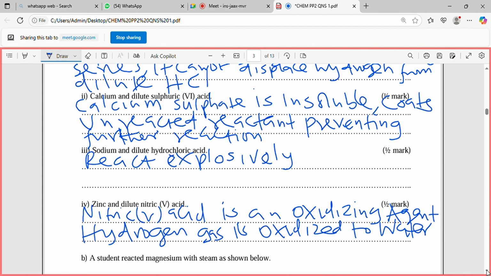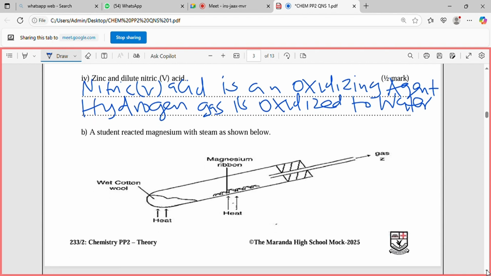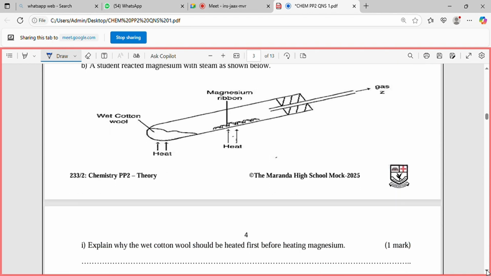Next, a student reacted magnesium with steam as shown. Explain why wet cotton should be heated first before heating magnesium. Why do you heat wet cotton first?